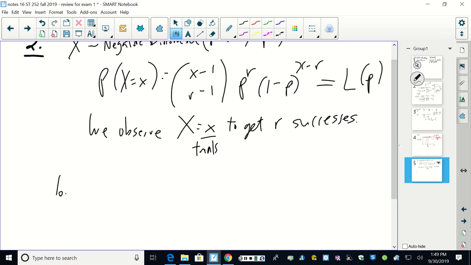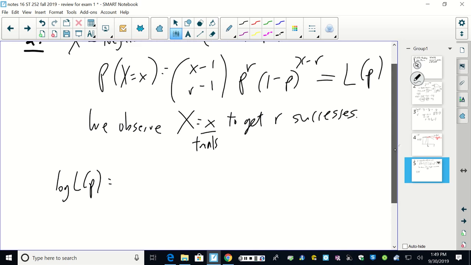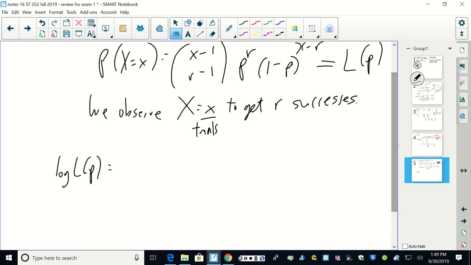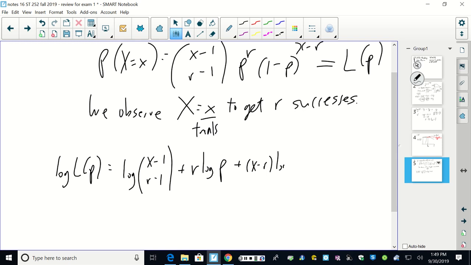So the log of this likelihood has a log of this combinatorics thing, and that's going to go away once we have a derivative. So it's not terribly critical to get a clear understanding of where that comes from right now. Then there'd be r times log p, and then x minus r times the log of 1 minus p.